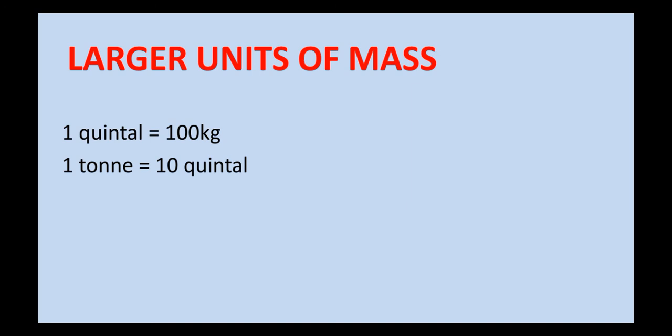When you buy large quantities of coal, or maybe large quantities of rice or wheat, in such a case, the quantities are measured in units such as quintal or ton.